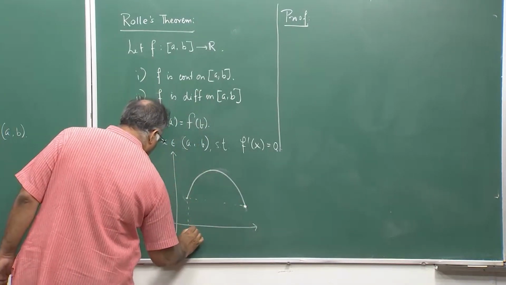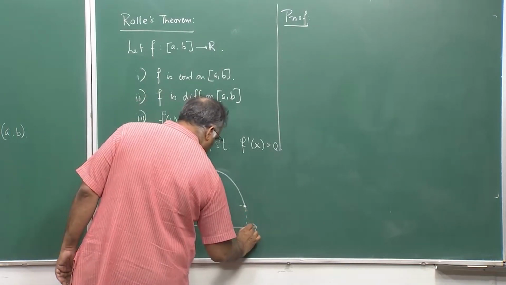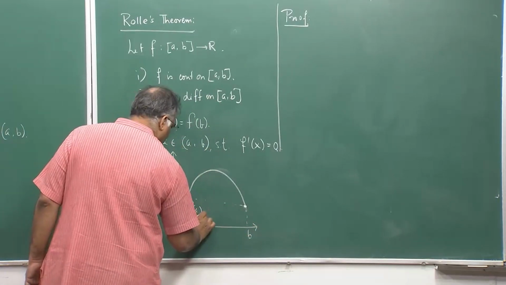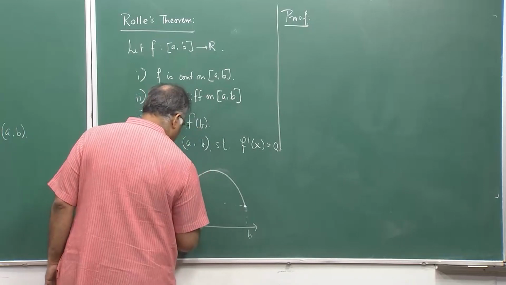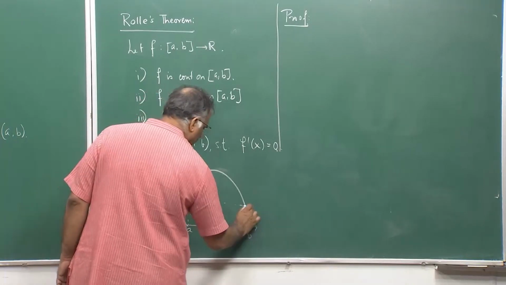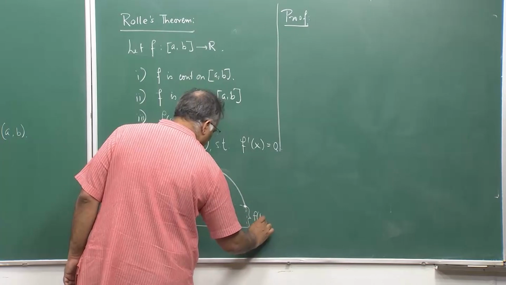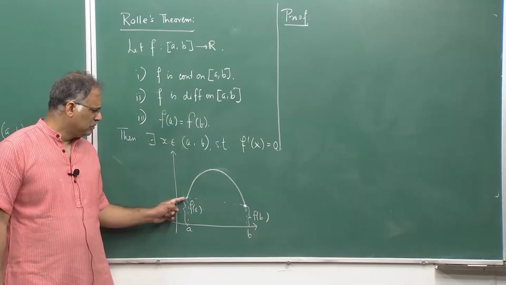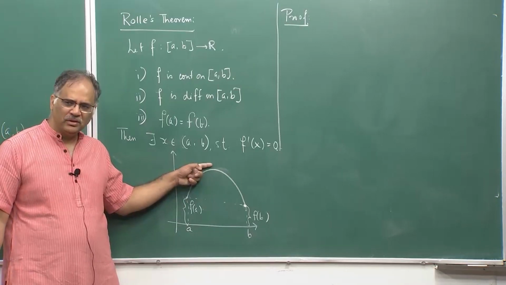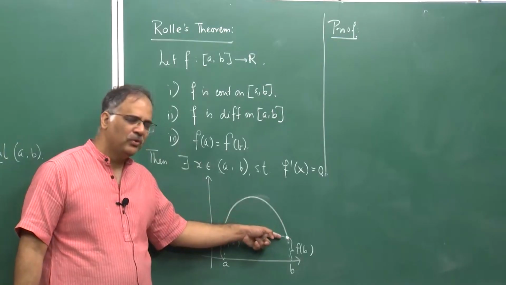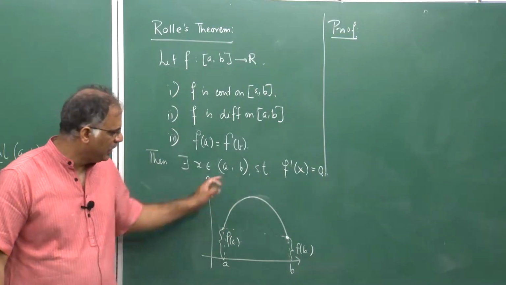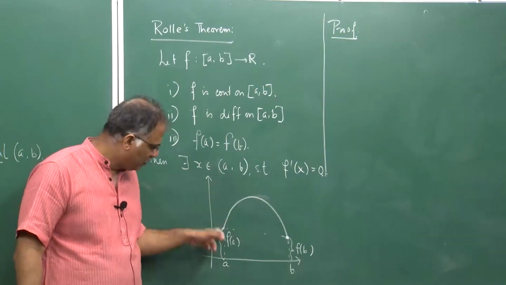This is your A and this is your B. This is f(A) and this length is f(B), and f(A) is equal to f(B). So, if you start rising from here, you would again have to fall back to f(B). There must be a point where you reach the maximum. So, you climb the hill and get down on the other side, or it could be like this.